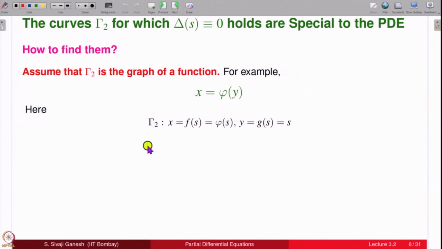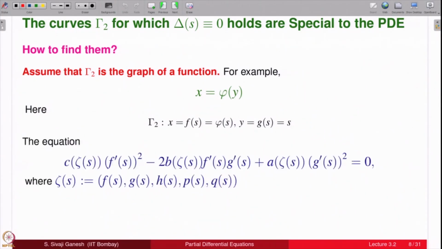Then what happens to gamma 2? x = f(s) will be phi(s), and y = g(s) is s. We parameterize y as s, then x becomes phi(s). So, this is a parametric representation, and s belongs to the domain where phi is given.